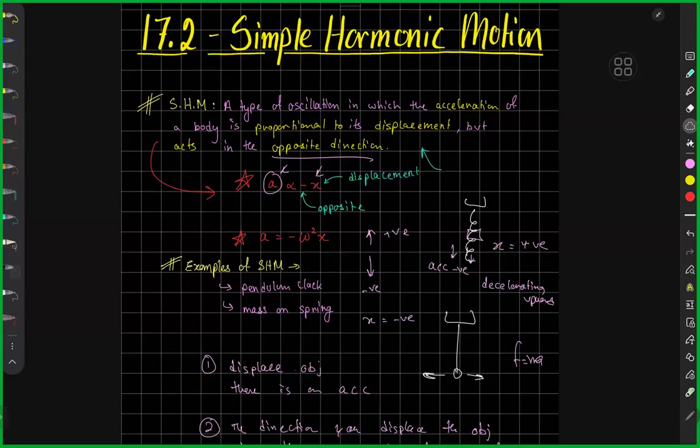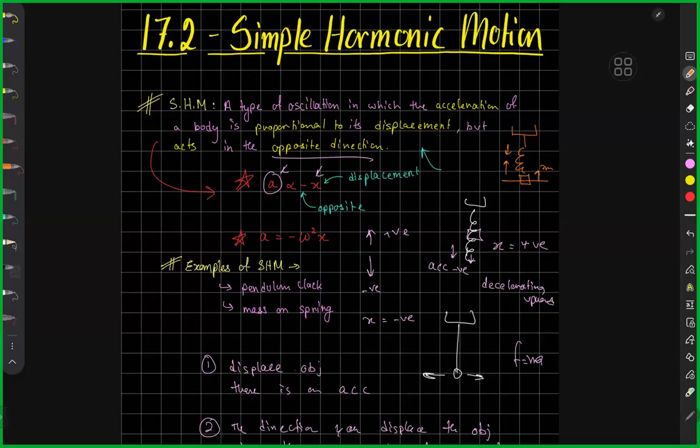So if my bob over here moves 2 meters away from the equilibrium position, let's say upwards, so let's say a positive displacement from equilibrium, the spring is stretched.